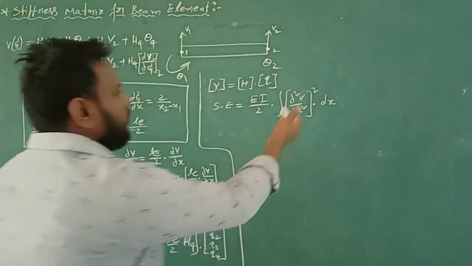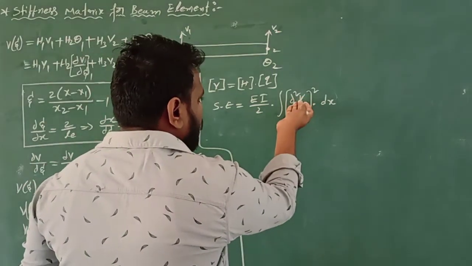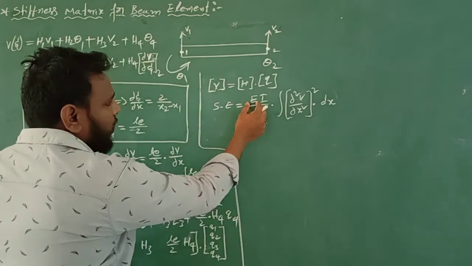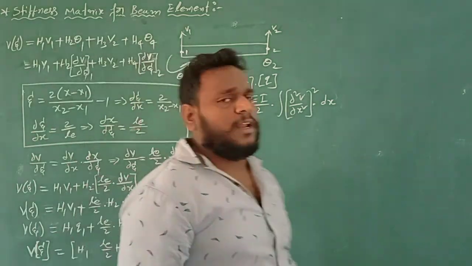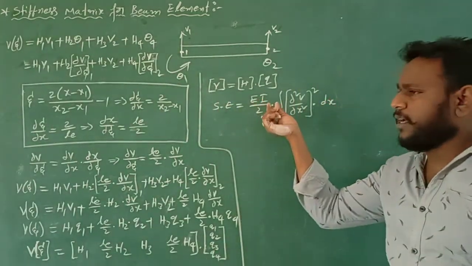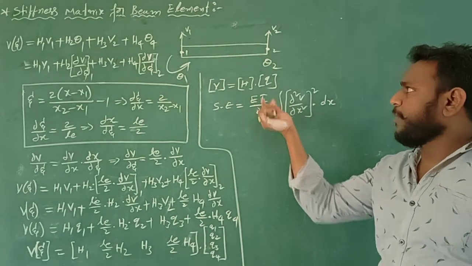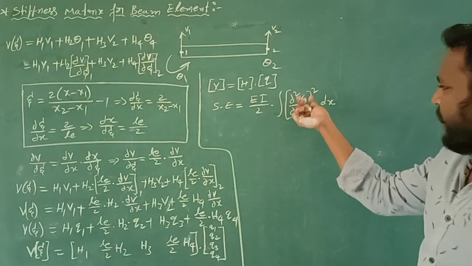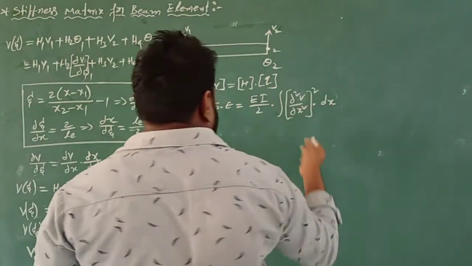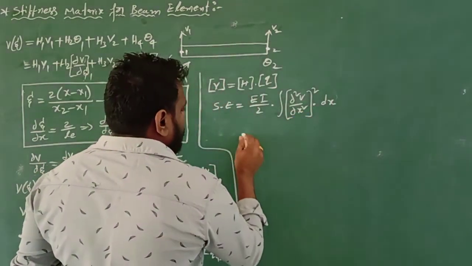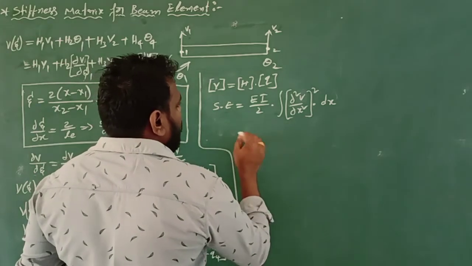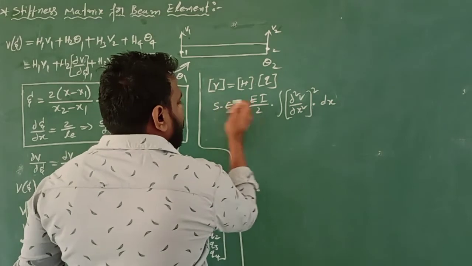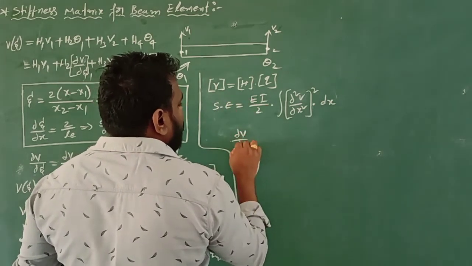So substitute all those values here. E is the Young modulus of the element, and I is the moment of inertia for that particular beam element, and dou V is the deflection in natural coordinate. Okay, first we have to take this component, dou V by dou x.